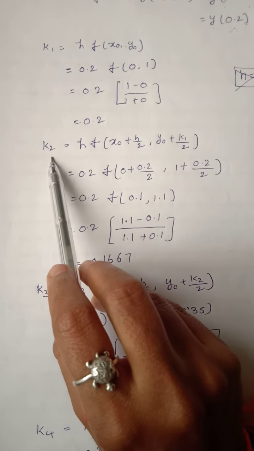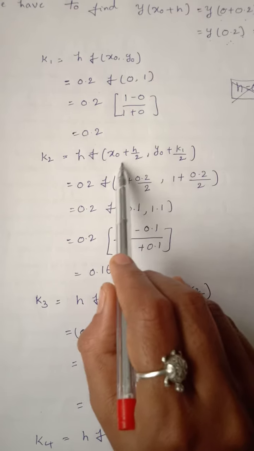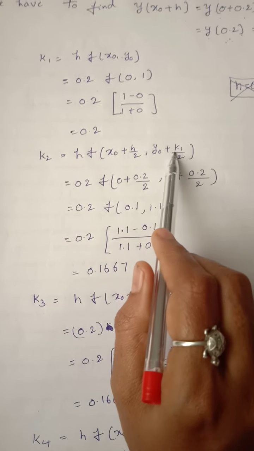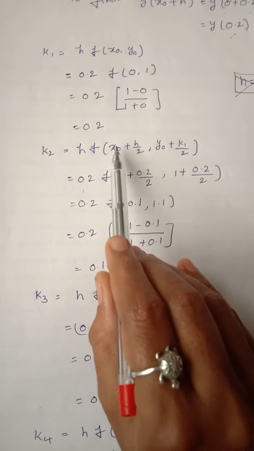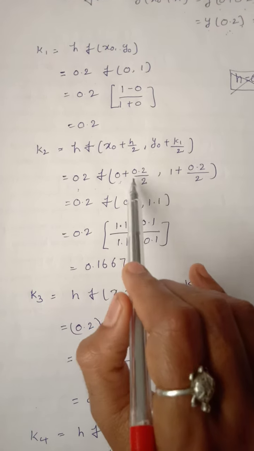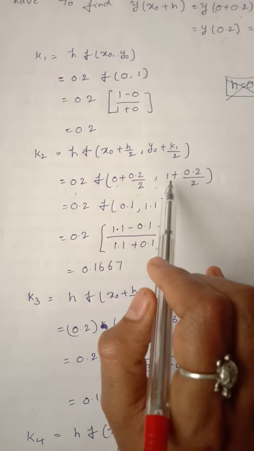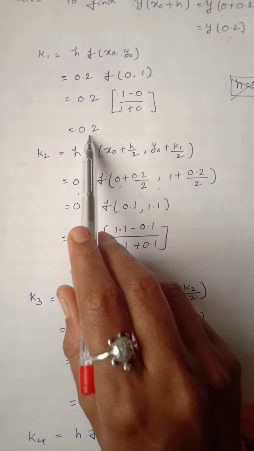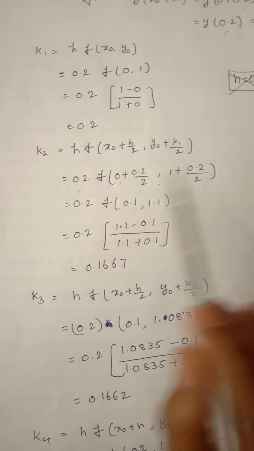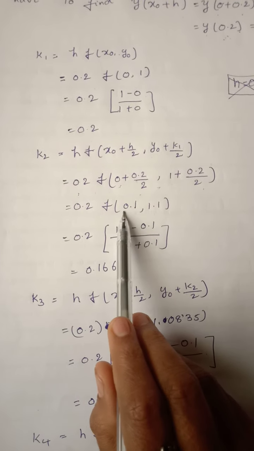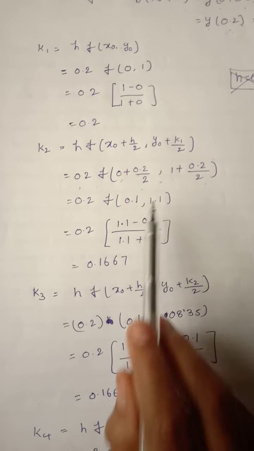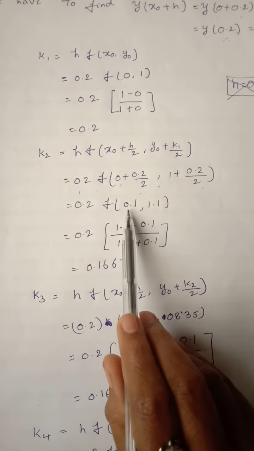Similarly, find the value of k2, h into f of x naught plus h by 2, y naught plus k1 by 2, that is 0.2 into f of 0 plus 0.1, 1 plus 0.2 by 2, and you get f of 0.1 and 1.1, and substitute in the function.